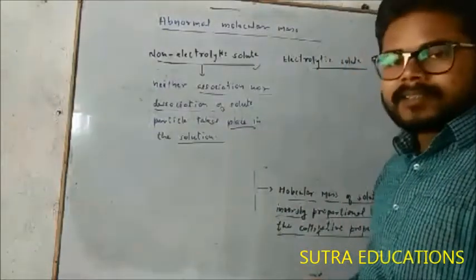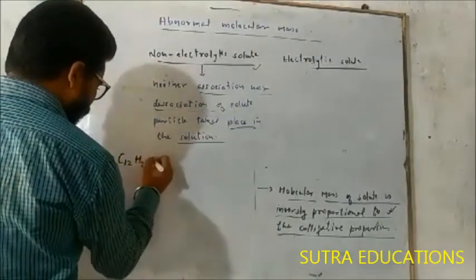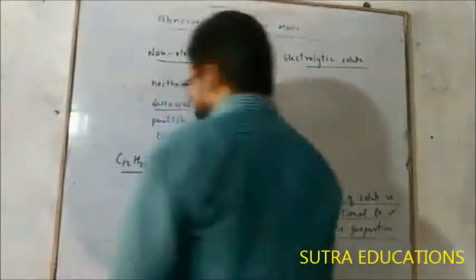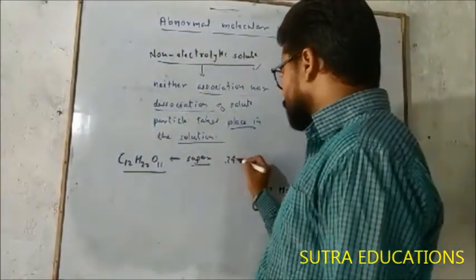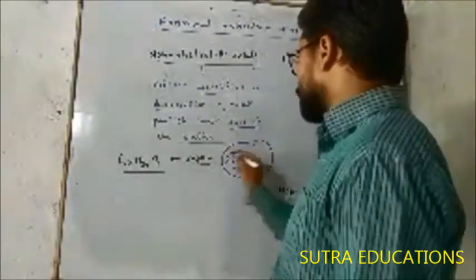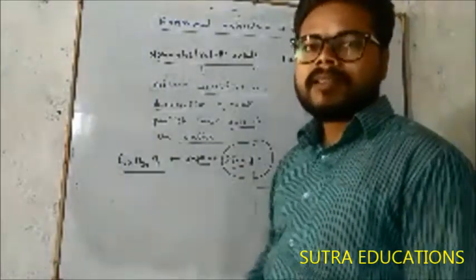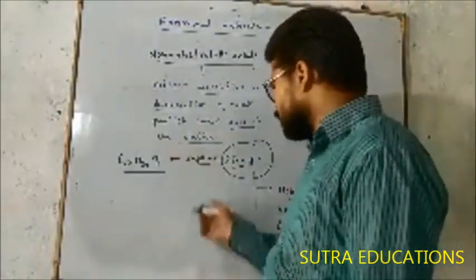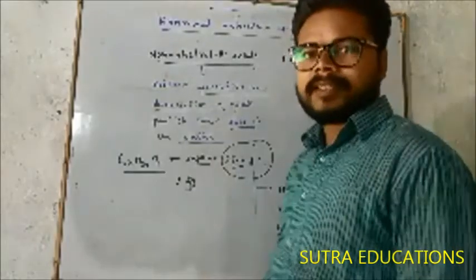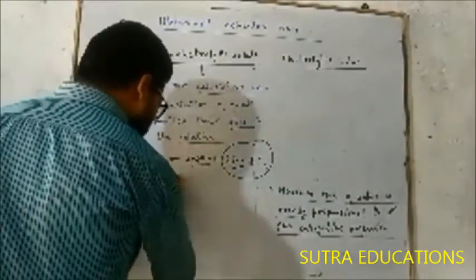For example, if it is sucrose, C12H22O11, if it is sugar, and suppose we are taking 34.2 gram of sucrose in 1 kg solvent.